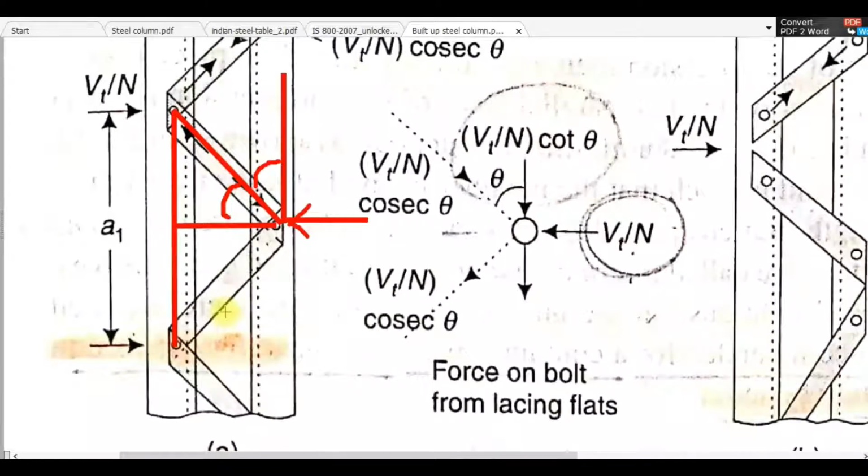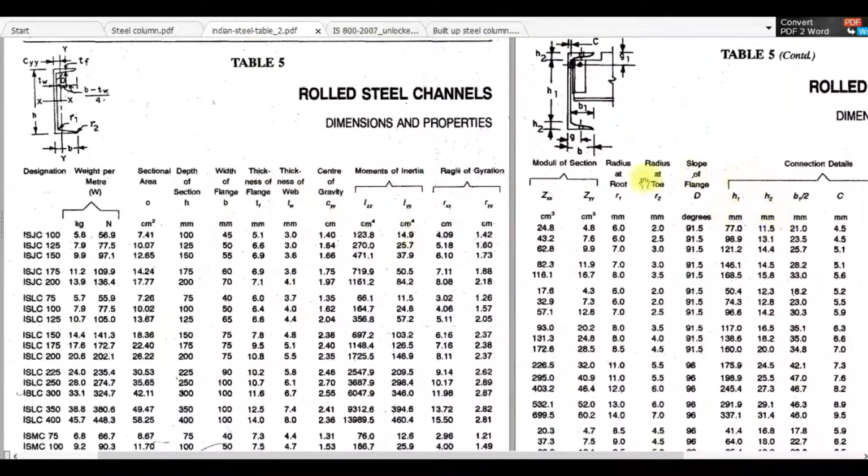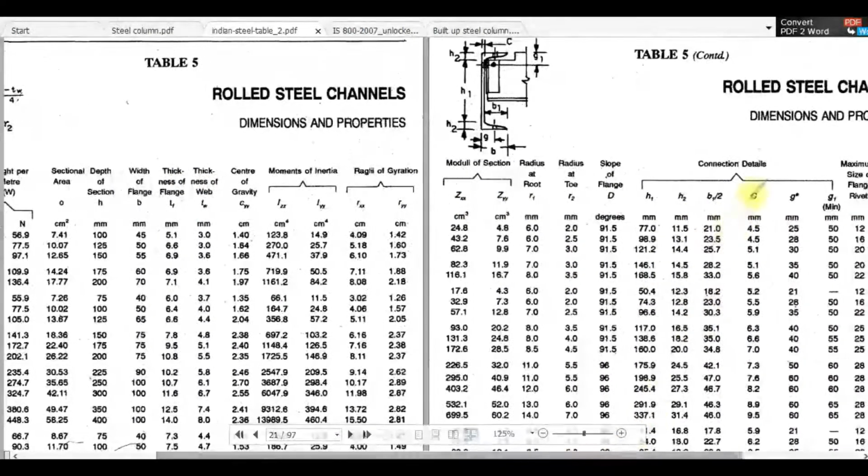When you find the spacing between these two channel sections, that means you know this spacing, which is capital S. And the distance from this point to the bolt line is called small g, and it is found in the steel table. In the steel table you can find this g, marked as g star.